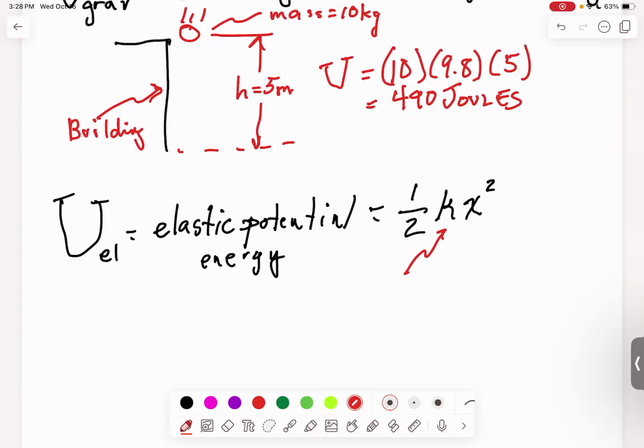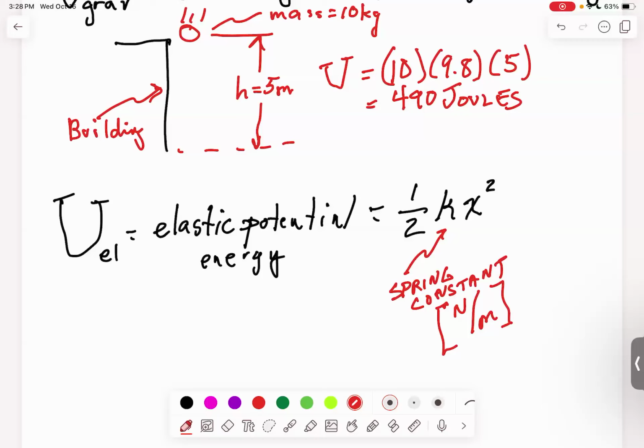K is our spring constant. And we'll see that that unit is going to be in newtons per meter. Okay.